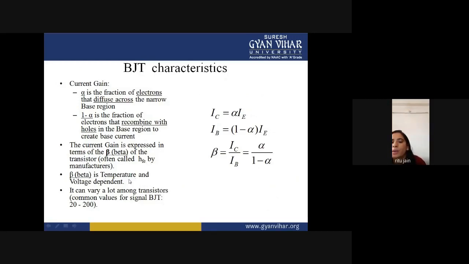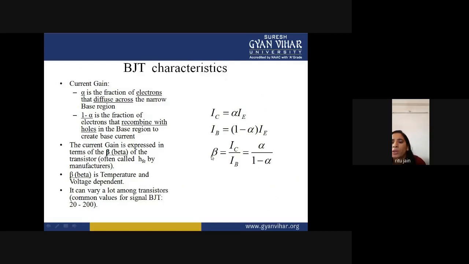So beta is temperature and voltage dependent. Okay. So this is the equation, IC is equal to alpha IE, and you know IE is equal to IC plus IB. So you can put IE equal to IC plus IB over here, and you can take the common IE and you will get this equation.